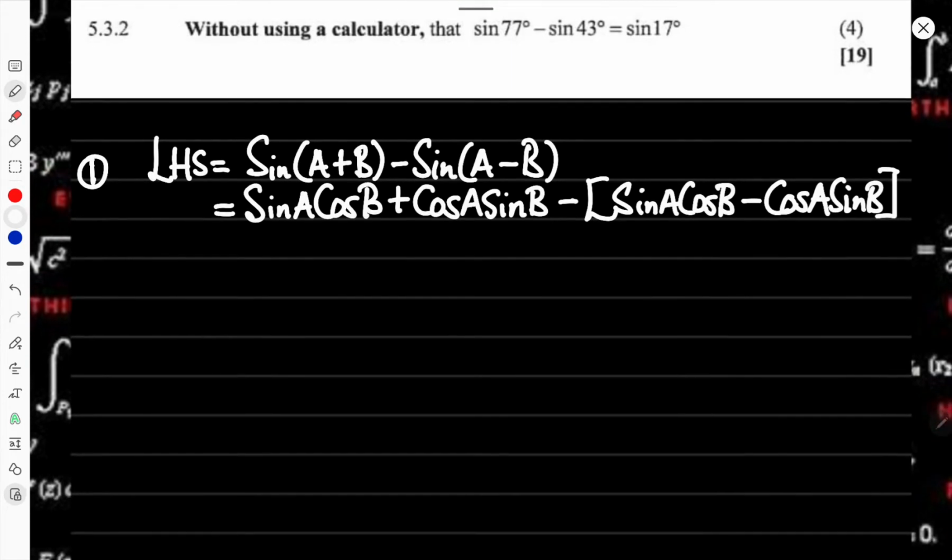Having this, then we can take out the brackets here by multiplying in -1.